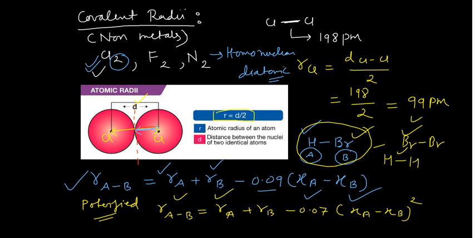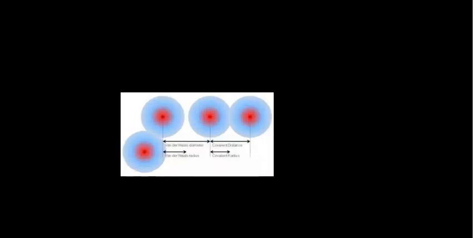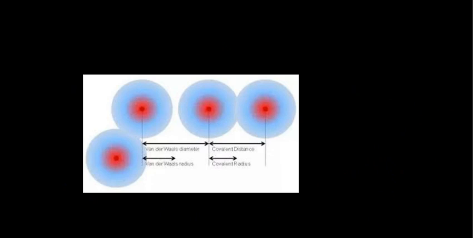But another type of radii is very common. Unfortunately this picture is not quite good, so I have increased the size. Next I am going to discuss van der Waals radii.